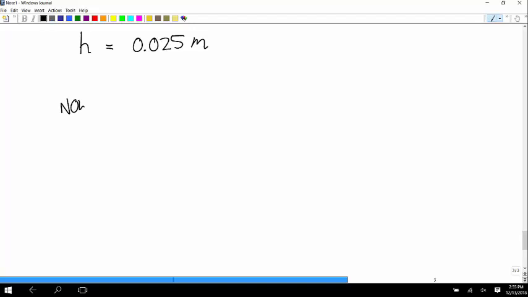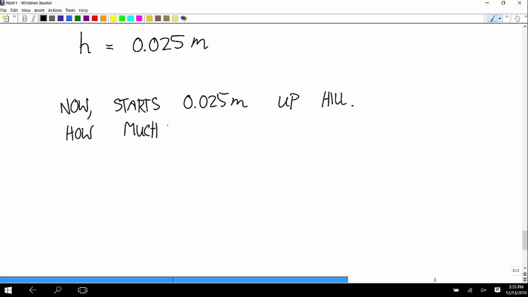So now let's say that it starts 0.025 meters up the hill. How much does the spring compress?